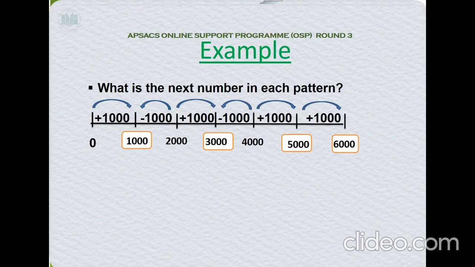So in this number pattern we add 1000. 0 plus 1000 is 1000, 1000 plus 1000 is 2000, 2000 plus 1000 is 3000, 3000 plus 1000 is 4000, 4000 plus 1000 is 5000, and 5000 plus 1000 is 6000. We can also solve it backward. If we move backward, then we subtract 1000 from each number.